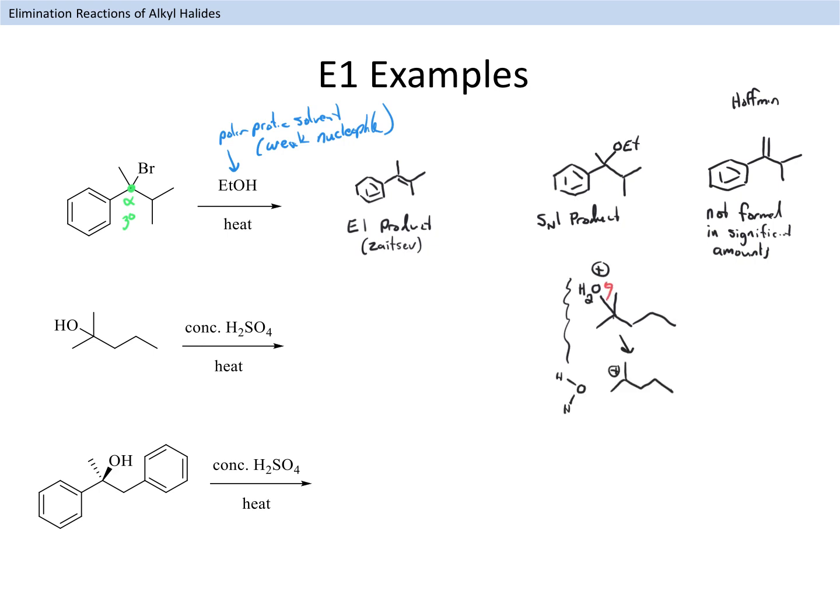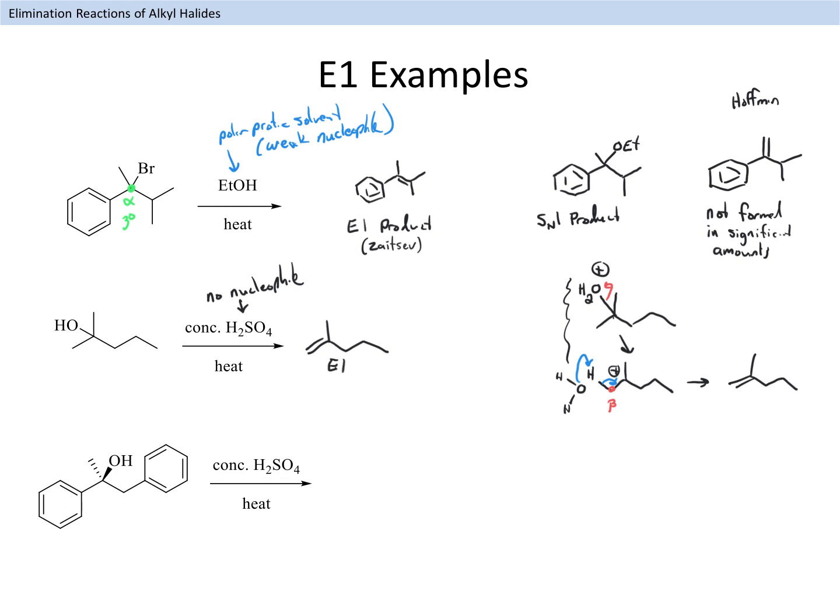The tertiary carbon structure, combined with the stabilizing effect of the polar protic environment and the use of heat, make the E1 reaction favorable. Notice that there is no nucleophilic solvent present, like methanol or ethanol, to act as the nucleophile here, so substitution products from an SN1 reaction aren't formed.